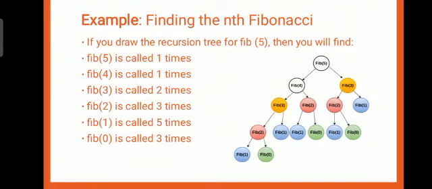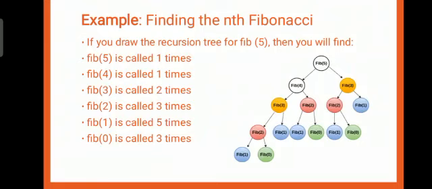Dynamic programming is used where solutions of the same subproblems are needed again and again. In dynamic programming, pre-computed results of subproblems are stored in a lookup table to avoid computing the same subproblems again and again.